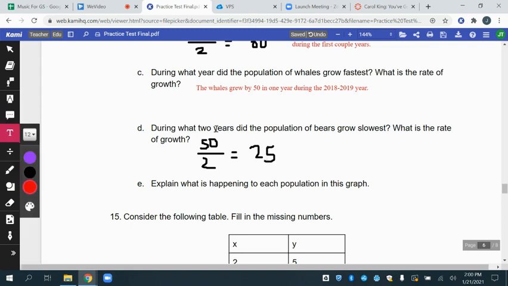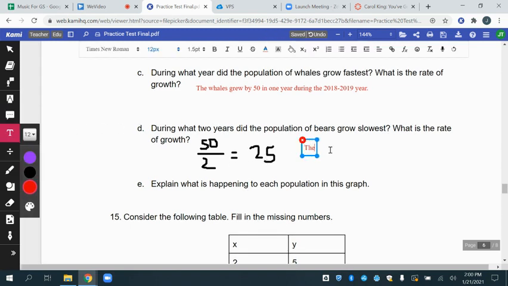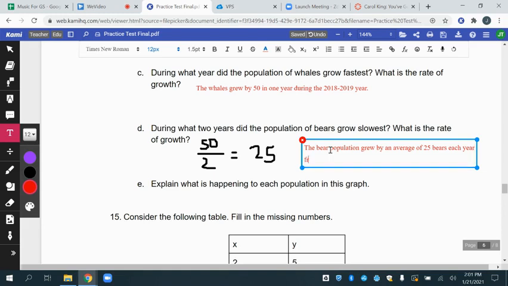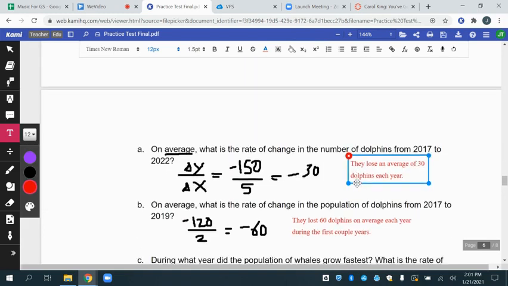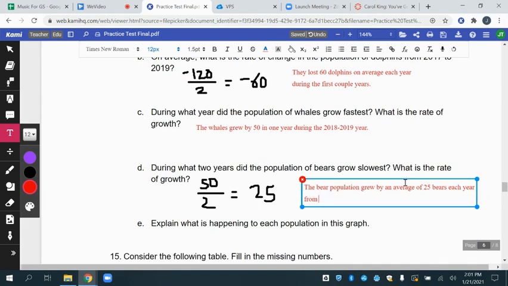We can say the bear population grew by an average of 25 bears each year from 2019 to 2021. Oops. And there we go.